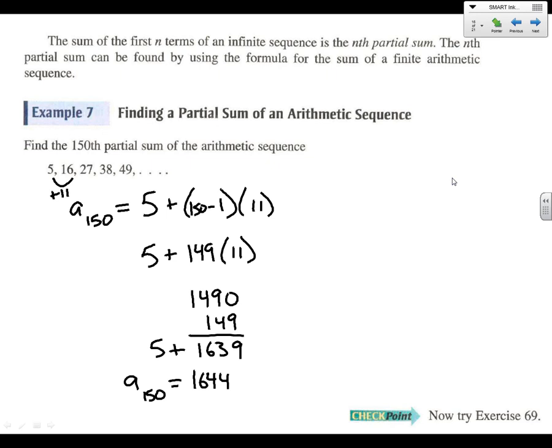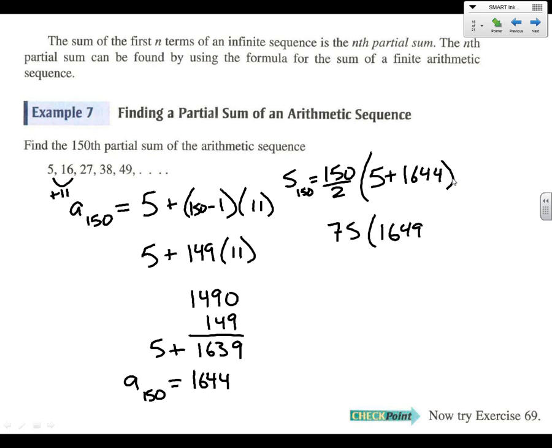So now what's the sum of those? So let's use our formula. 150 numbers. So we can write sum of 150. 150 numbers split into pairs, so divide by 2. The first number is 5. The last number is 1644. So it's 75 times 1649. And this one we'll go to the calculator for.